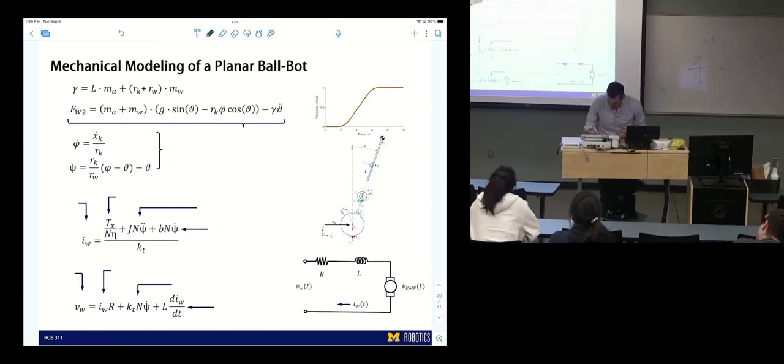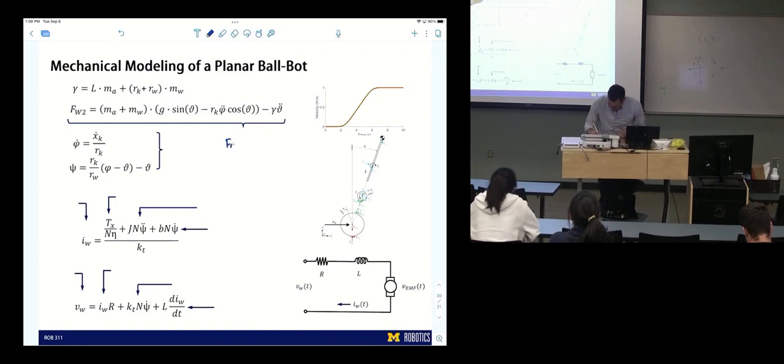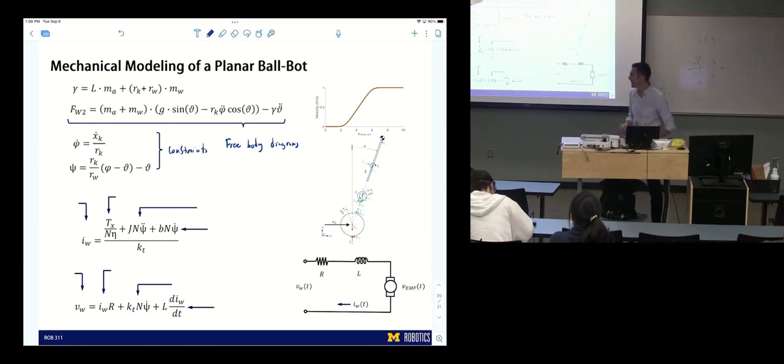These equations come from free body diagrams. These equations are your constraints, got by common sense physics, that the balls can't slip when they roll.